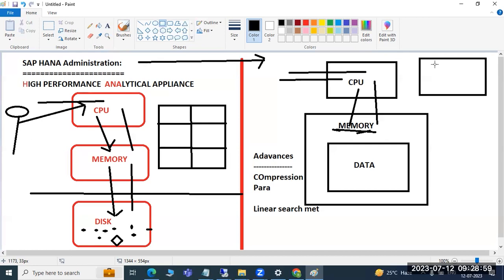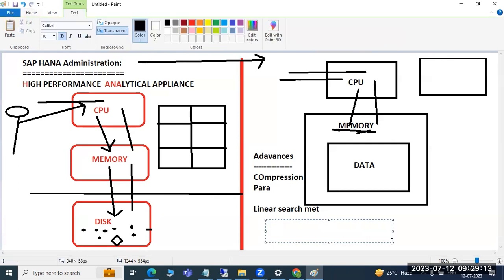And one more advantage is that in one database you can store both OLAP and OLTP transactions. What do OLAP and OLTP mean? OLTP means online transactional processing, and OLAP means online analytical processing. Transactional means transactions.